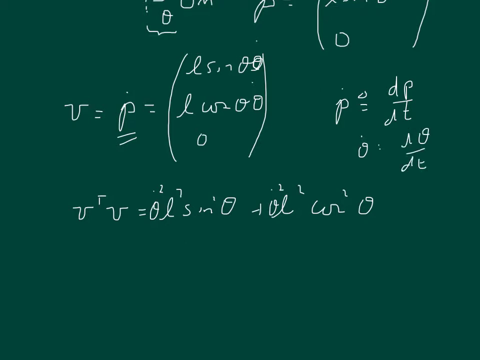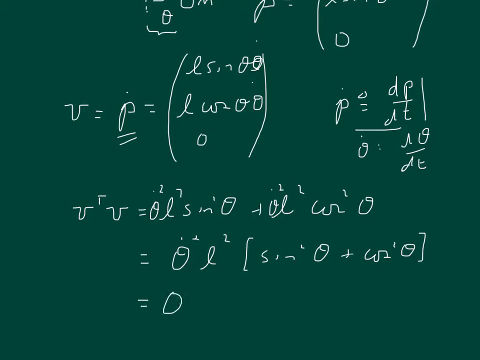And when we take the derivative of a vector like this, we're taking the derivative of each component. So V transpose V, we can pull out a theta dot squared and an L squared, and we're left with sine squared theta plus cosine squared theta, which is equal to 1. So this is theta dot squared L squared.